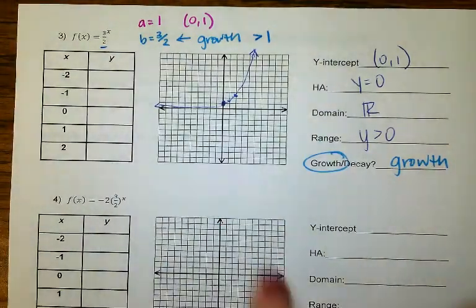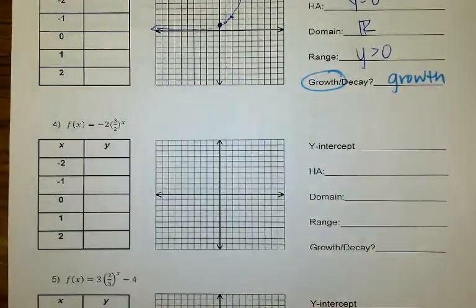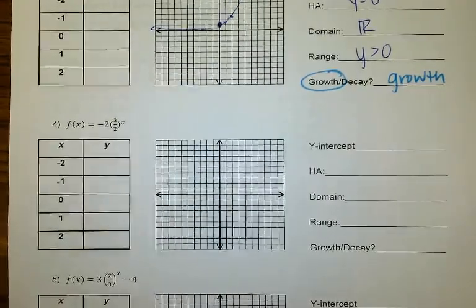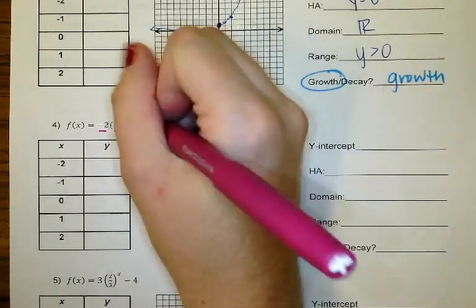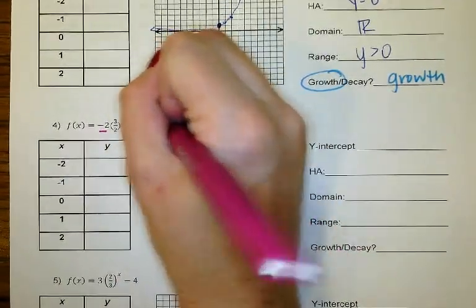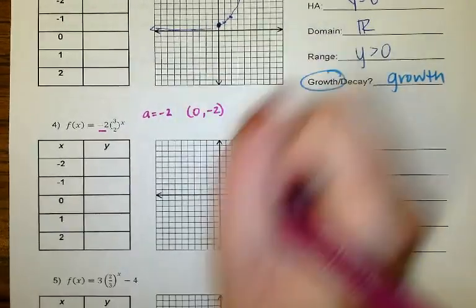Number 4. Let's see if it's growth or decay. So first of all, what is my A value? Ooh, now we actually have an A value, don't we? It's -2. So that means my y-intercept is going to be (0, -2). Y'all feel good about that? Okay.